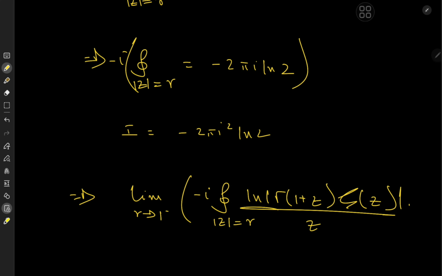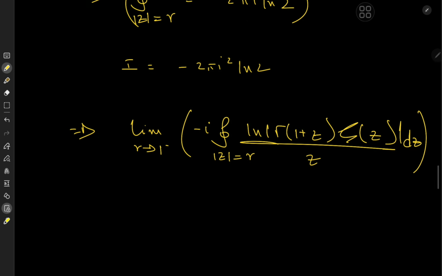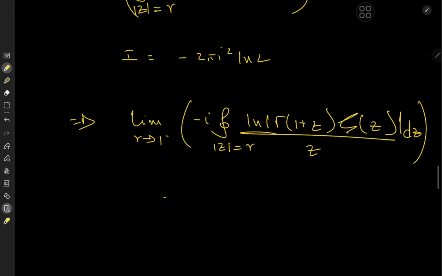It's over z over here, dz, quite nicely equals 2 pi i times log 2.